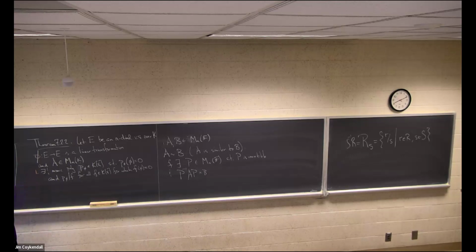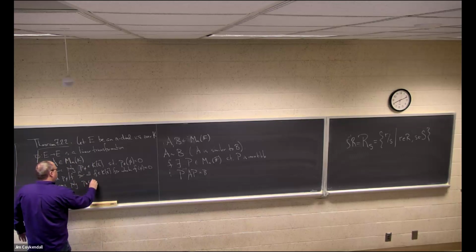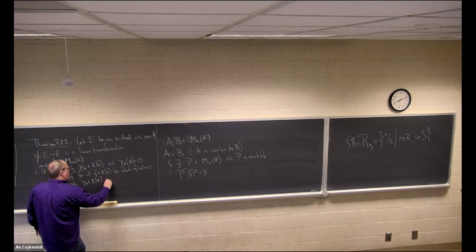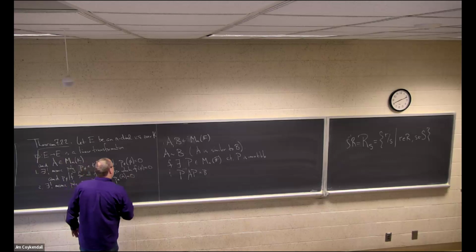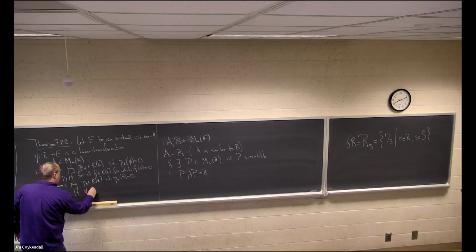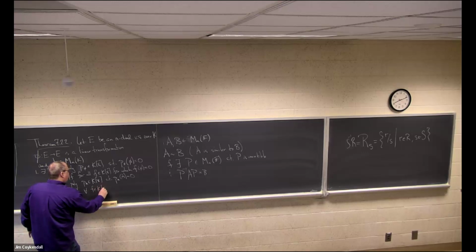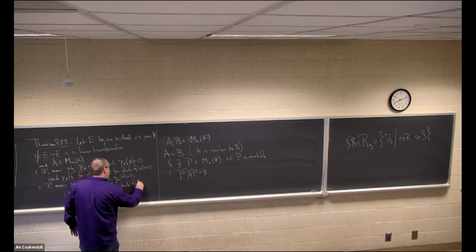I'm going to make almost the identical statement about the matrix. Two, there exists a unique monic polynomial P sub A in K[x], such that P sub A of A is 0, and P sub A divides f for all f in K[x] for which f of A is 0.